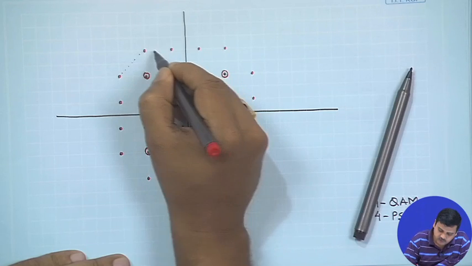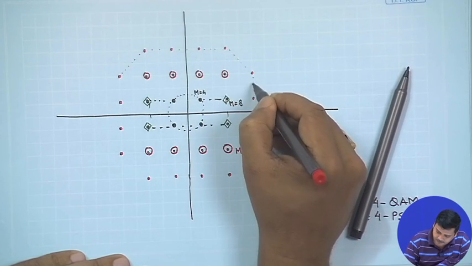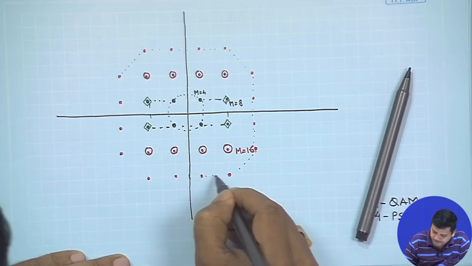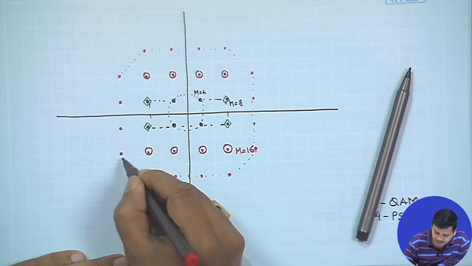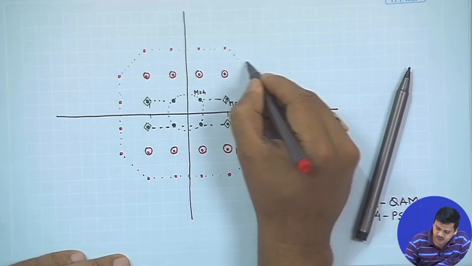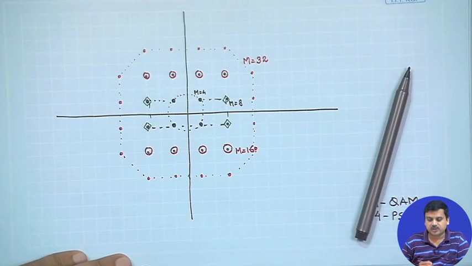So, if we would group these, then we have the next constellation size of m equals to 32.